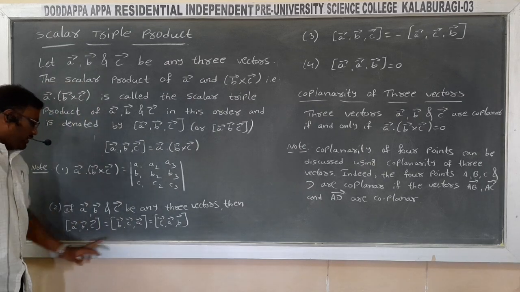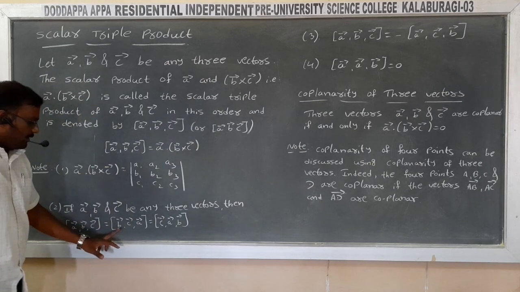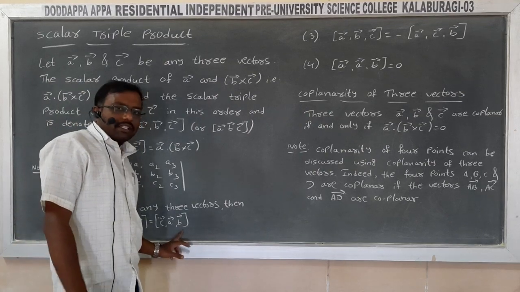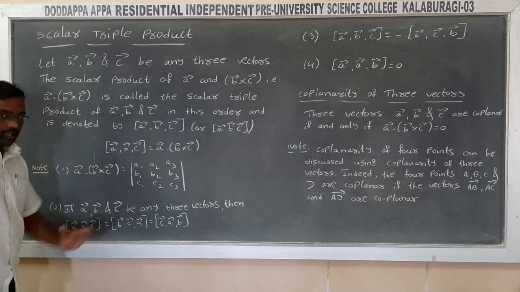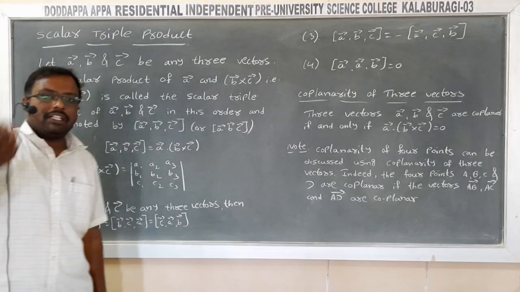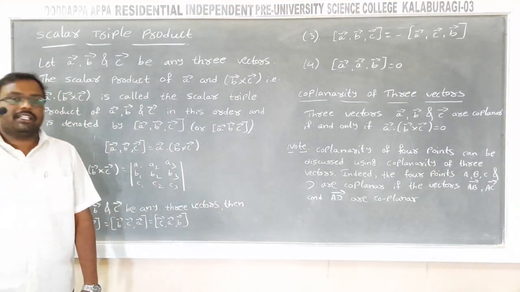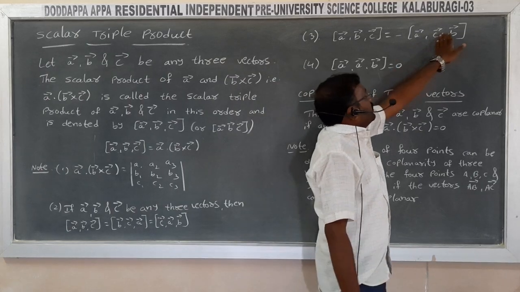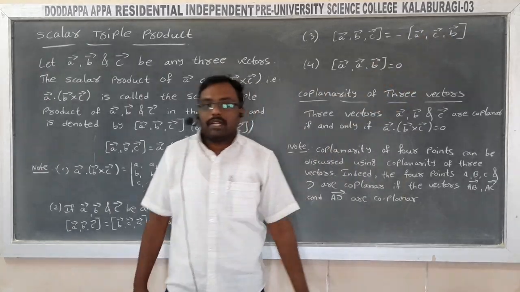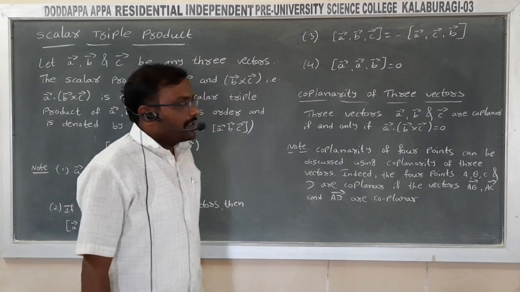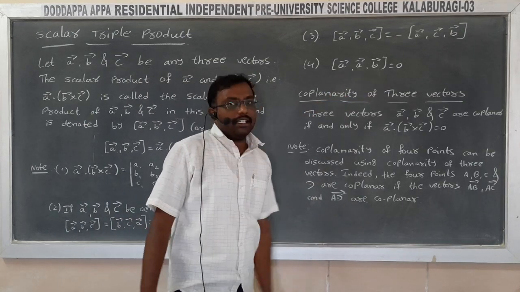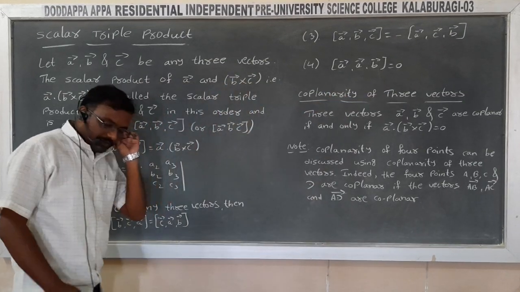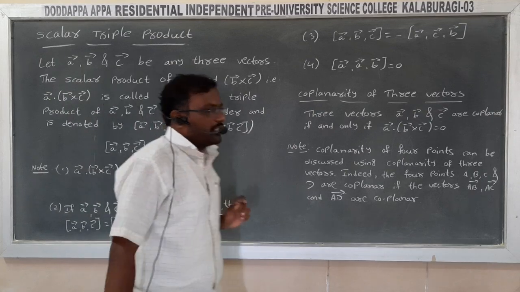This is also right: box of A, B, C equals box of B, C, A equals box of C, A, B in order. That means after A comes B, after B comes C, after C comes A again. If the order is changed, a minus comes outside. Is it clear? When two are the same, you can take 0. This is the definition of scalar triple product.